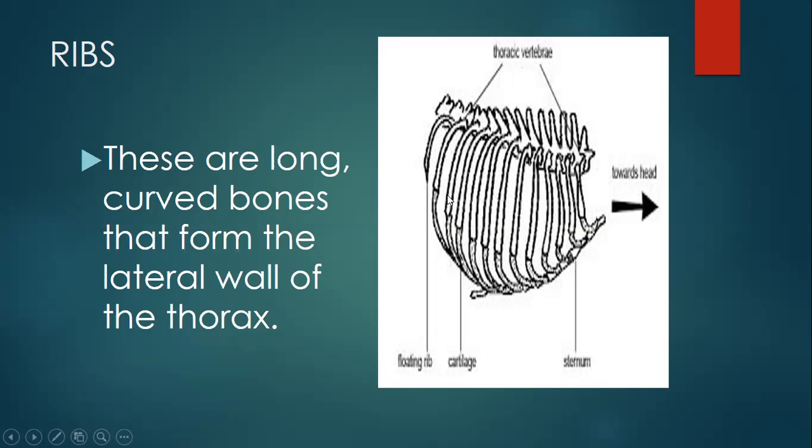Rib number 11's costal cartilage is attached to rib number 10's. Lastly, rib number 12's costal cartilage is attached to the costal cartilage of rib number 11. This indirect attachment of the costal cartilages of the asternal ribs forms a costal arc. So this over here is the costal arc, and you have the intercostal space over here also.